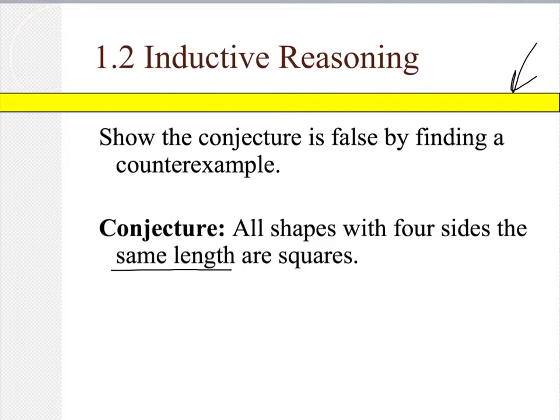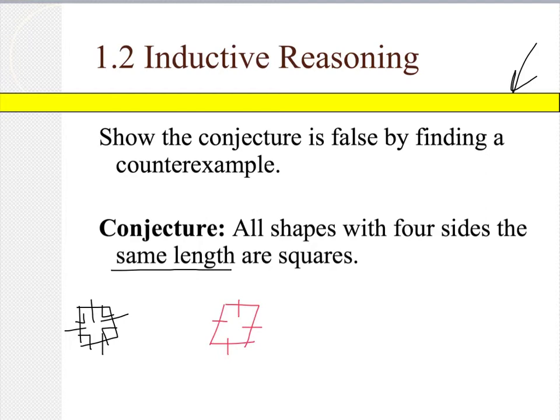First of all, what is a square? It is a four-sided figure, all sides the same, and all angles the exact same measure of 90 degrees. So is there a shape that has four sides with the exact same length? Yes, there is. If you came up with an example of a rhombus, that is the counterexample of this conjecture.